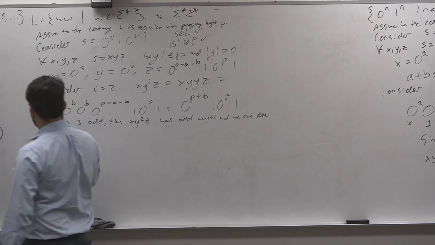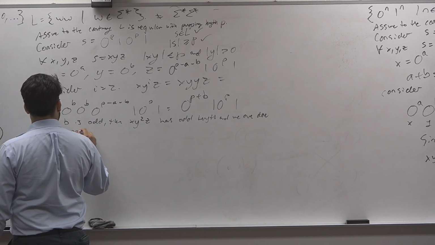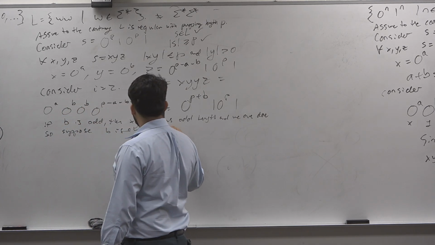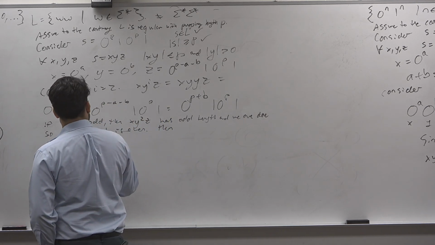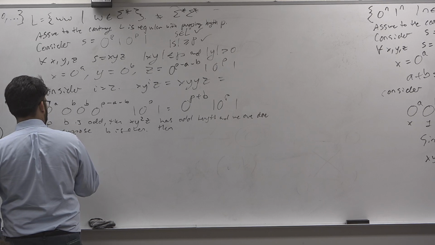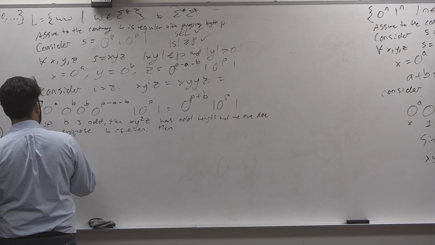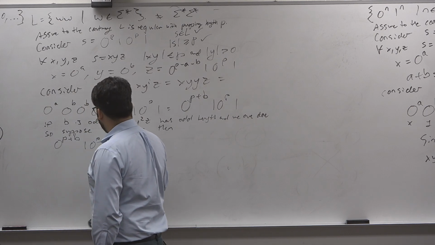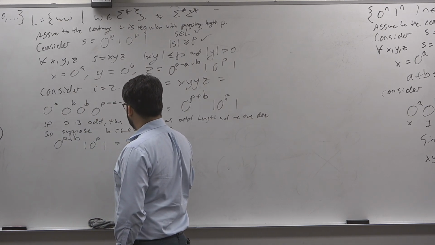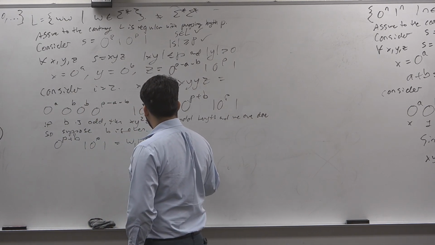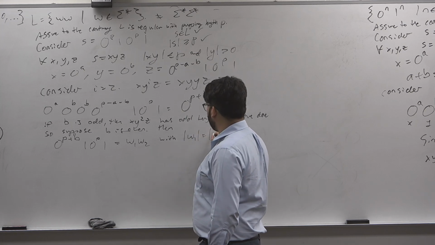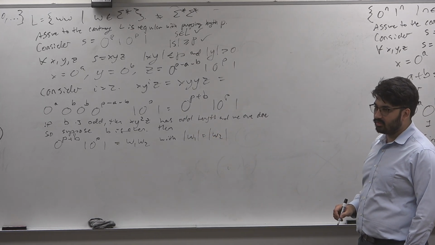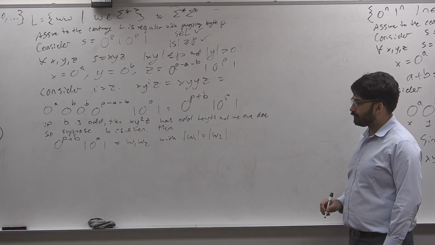So suppose b is even, then suppose that 0^(p+b), 1, 0^p, 1 is equal to W1 W2 with the length of W1 equal to the length of W2. So just take the string, it's even length, we can cut it in half. Name those two halves W1 and W2.